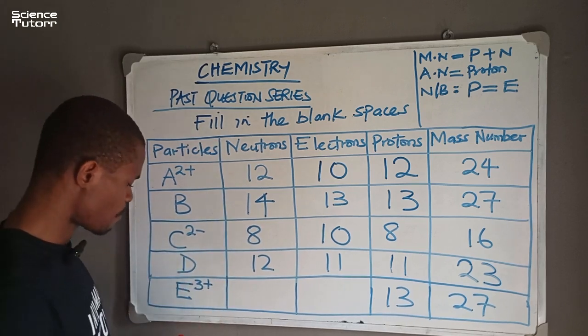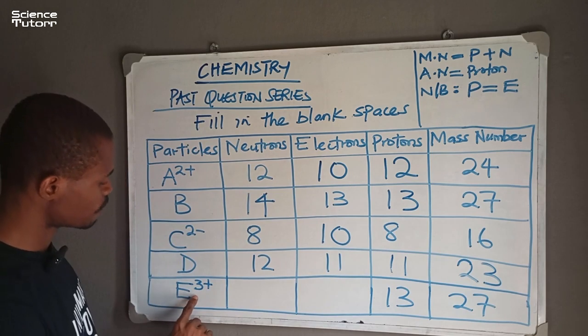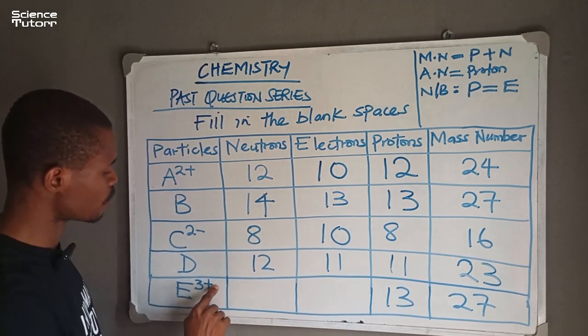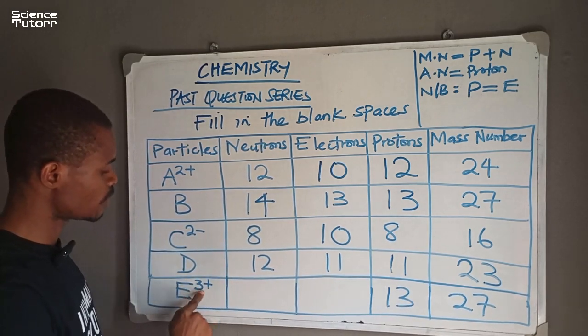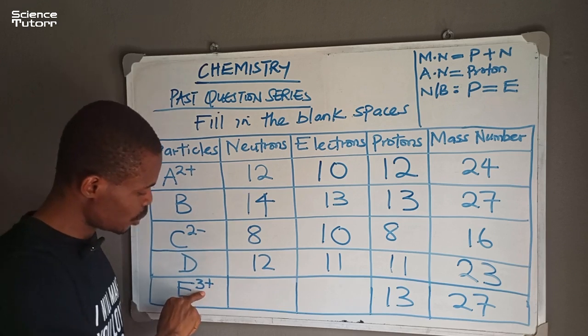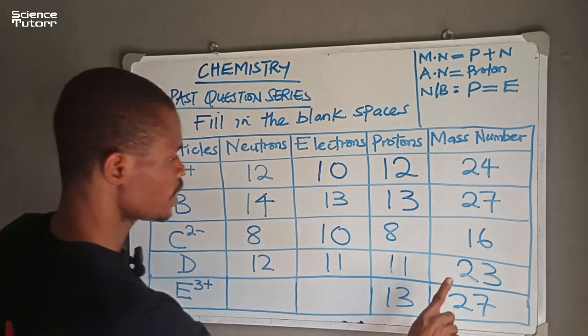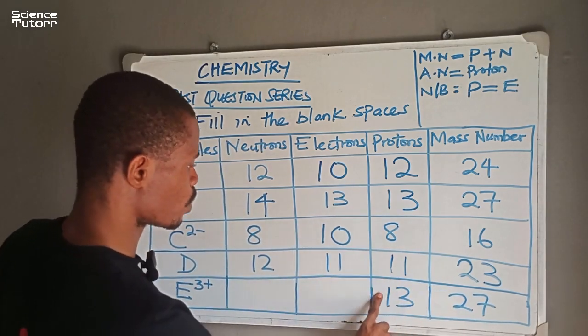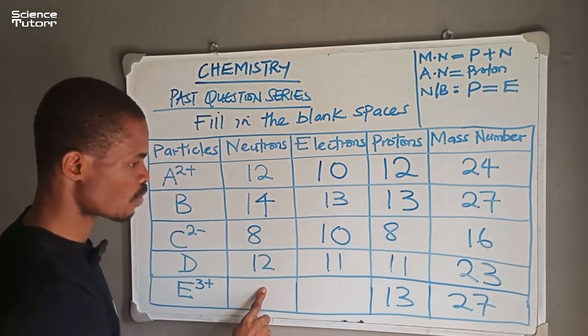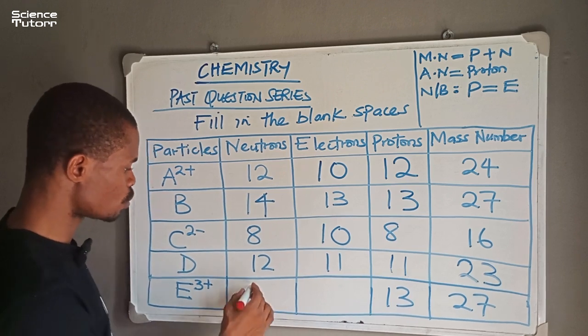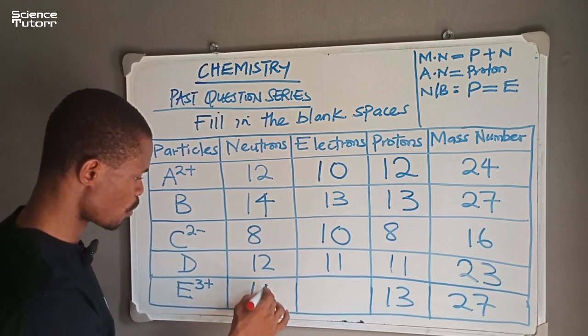And then finally, for this video, we have particle E 3 plus. This is an ion. It loses 3 electrons. Take note. Mass number minus proton number will give us the number of neutrons. So the number of neutrons here will be 14.